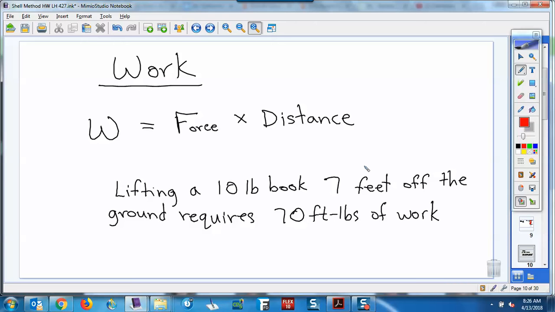If I pick up a book that's on the floor that weighs 10 pounds, it doesn't weigh the same on the floor as it does when I get it 7 feet over my head. Why not? Because weight is a measure of gravity, right? And the farther you get from the center of the earth, the less gravity there is, right? And the less things weigh.